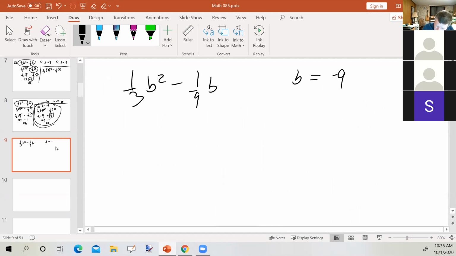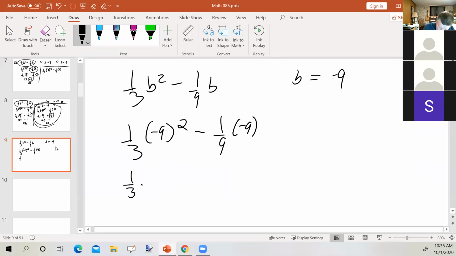And b is supposed to be -9. So we've got 1/3 times -9 squared minus 1/9 times -9. Are you okay with that? Yes. So then we've got 1/3 times -9 times -9 is a positive 81.